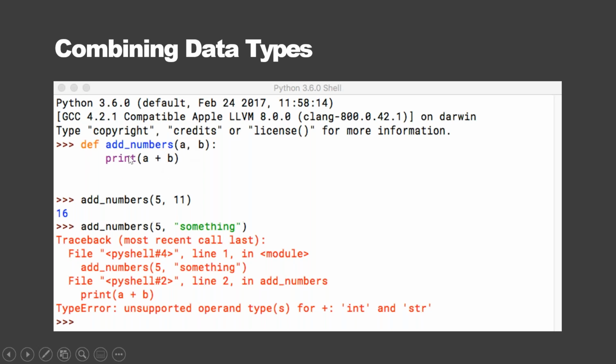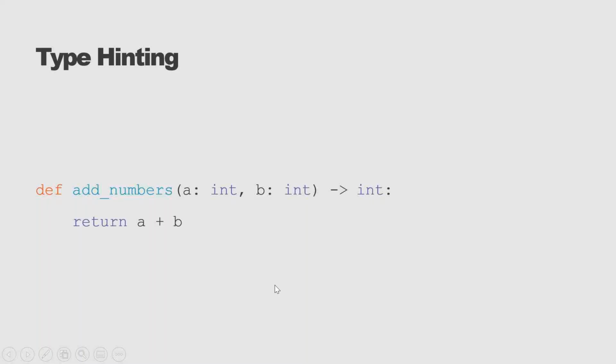So this function is written in memory, and you are calling this function again with 5, 11, 16, and 5 with something, and you see unsupported operand types. Why? Because something cannot be used with the plus operator. That's the reason: something is a string which you are passing, so it shows you an error. Convert that into an integer, whatever it is. Like that you can do that.